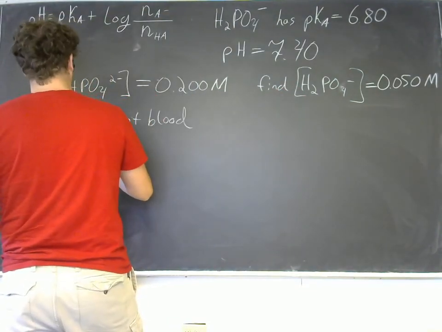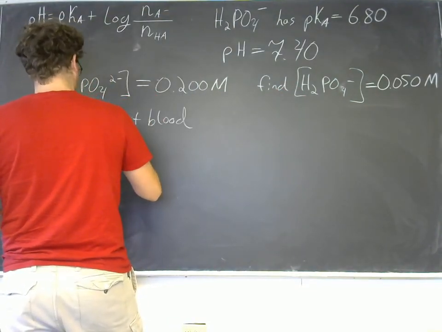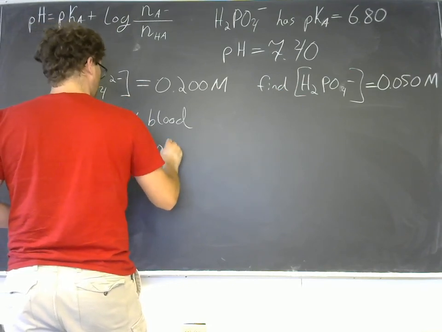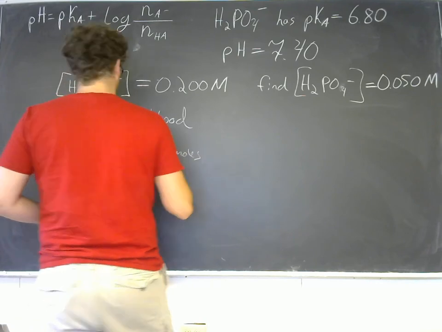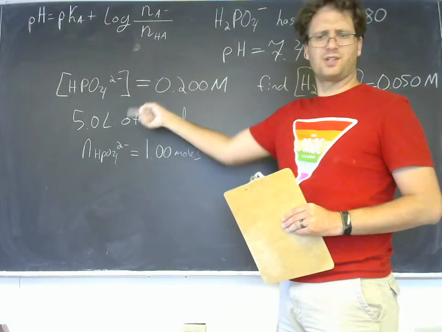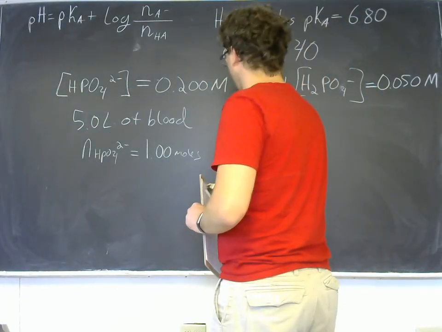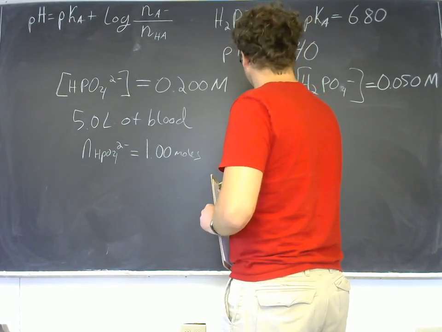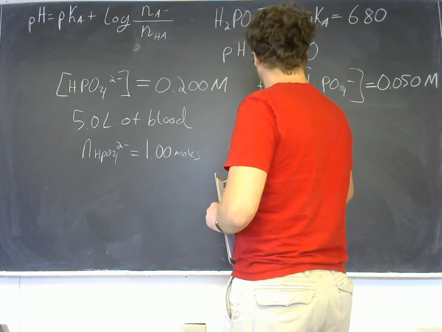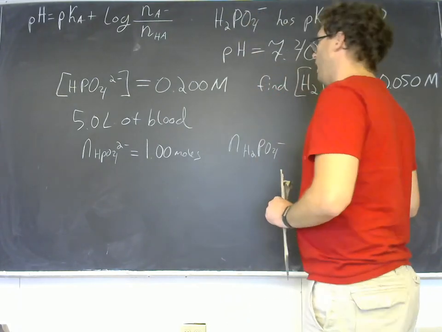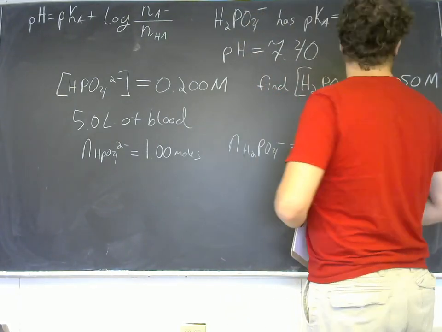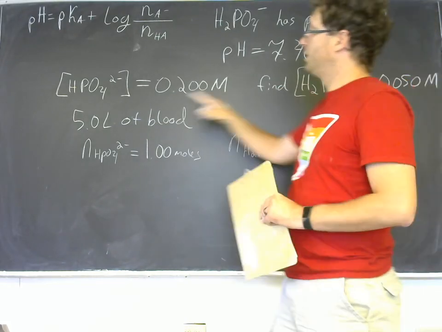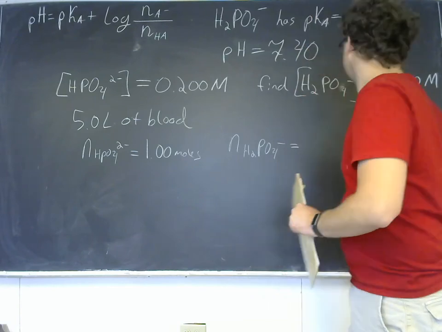N HPO4 2- is equal to 1.00 moles. That's just concentration times volume. And N, my amount of moles of H2PO4-, that is going to equal 0.05 molar times 5 liters, moles per liter.